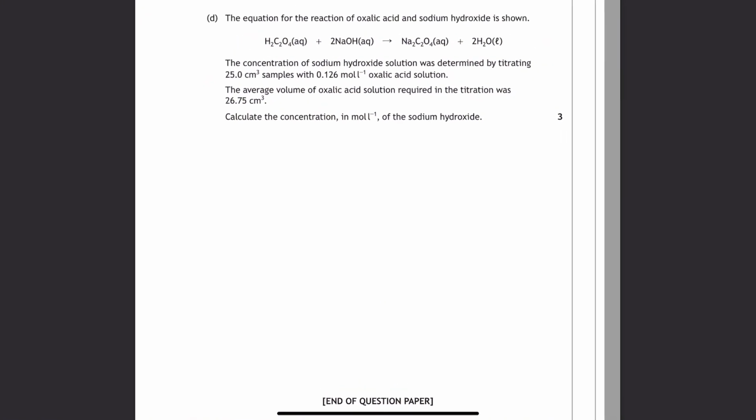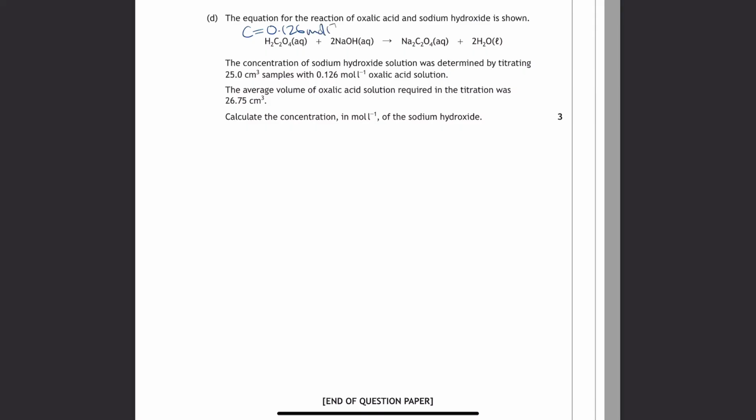So the concentration of sodium hydroxide solution is being determined by titrating 25 centimetre cube samples with 0.126 moles per litre oxalic acid solution. So I'm going to write the concentration of the oxalic acid solution above it, 0.126 moles per litre.